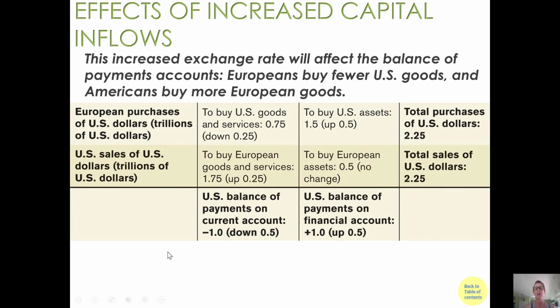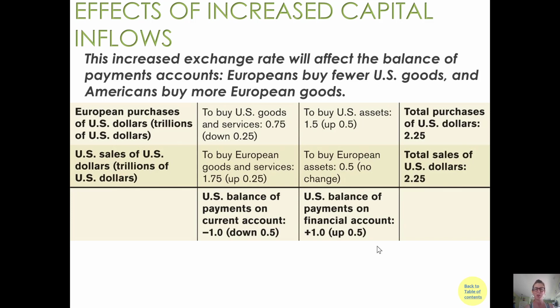So there's a net inflow. On the current account, we're sending more cash abroad than we used to net, but on the financial account, we're bringing more payments in from abroad. So this is how a country can and does continue these current account deficits or these trade deficits that the U.S. has.